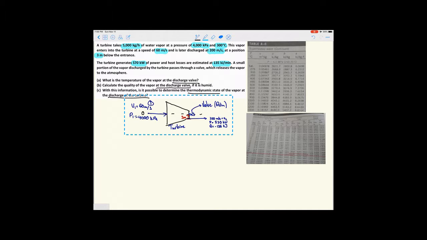As we're dealing with it, the velocity of the water vapor coming in is 60 meters per second, and the pressure is 4,000 kilopascals.